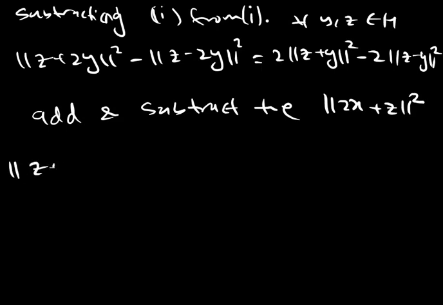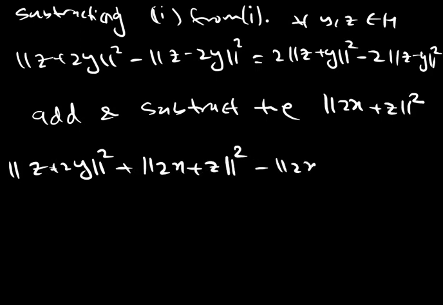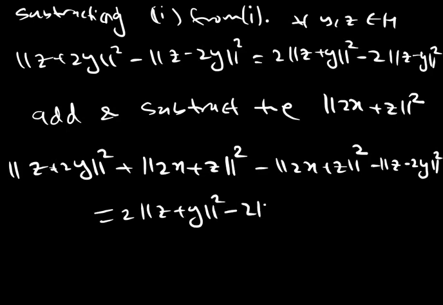Norm of z plus 2y whole square plus norm of 2x plus z whole square minus norm of 2x plus z whole square minus norm of z minus 2y whole square. This is equal to 2 times norm of z plus y whole square minus 2 times norm of z minus y whole square.